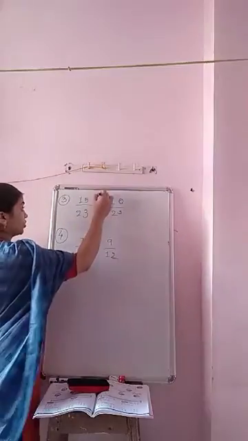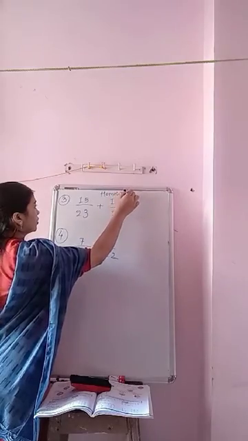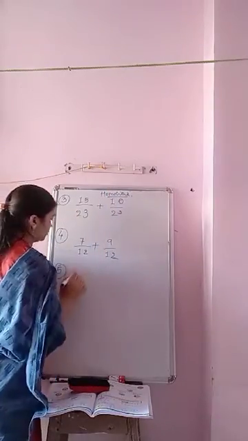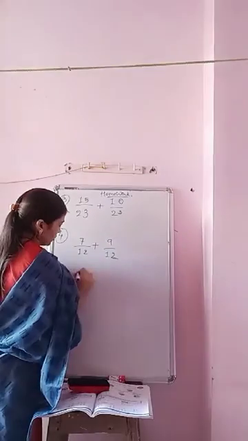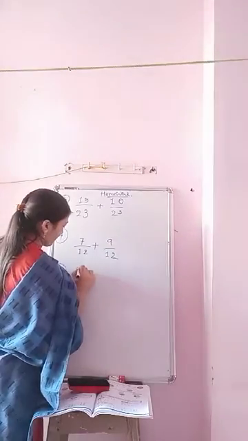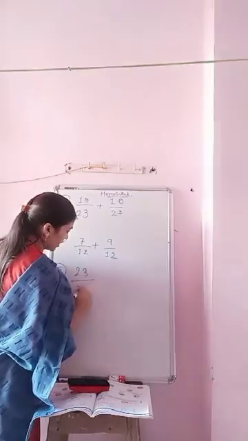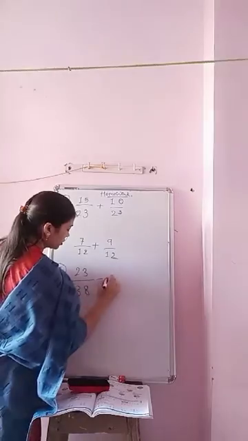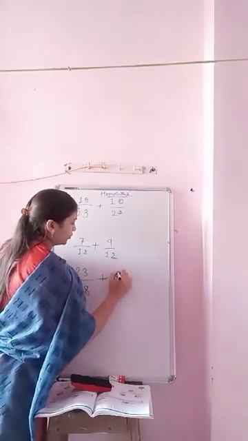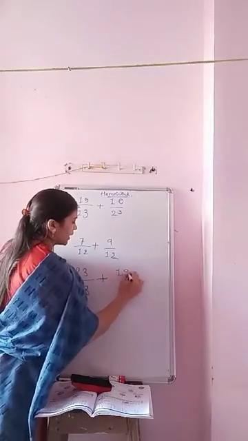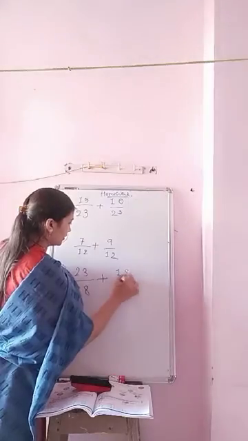Fifth one, this is your homework, you have to do it. 23 divided by 38, 23 by 38, plus 18 by 38.